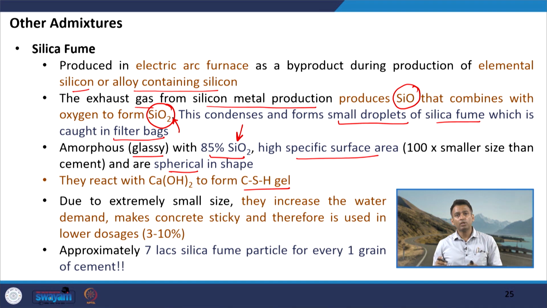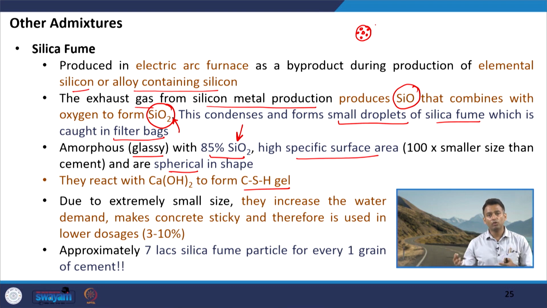Now, as I mentioned, due to the extremely small size, they increase the water demand also, because if the size is small, you will need more water to wet the surface per unit volume. Of course, per unit volume the number of silica fume particles will be more, so you will need more water to wet it. So, the water demand will increase.